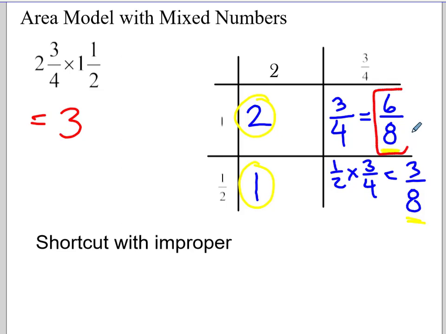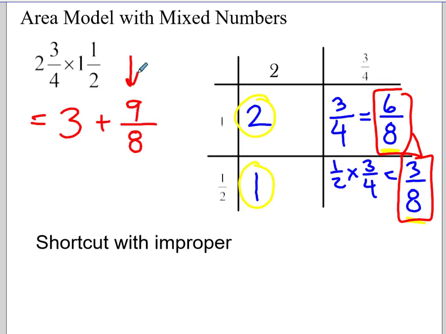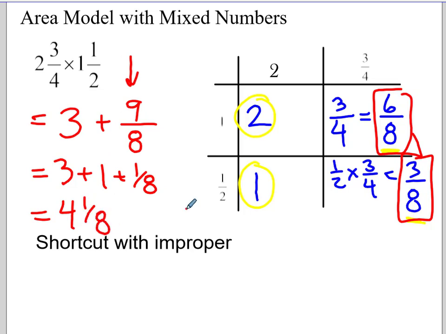So this one and this one added together gives me 9/8. Now 9/8 is an improper fraction. That means I've fulfilled my full block of 8. So this becomes 3 plus 1 and 1/8, or 4 and 1/8, which would be the correct answer.